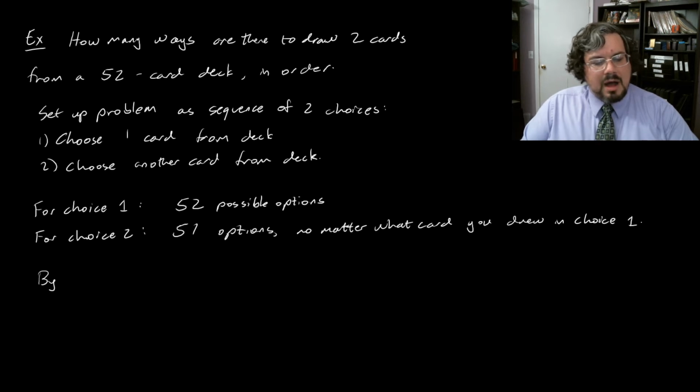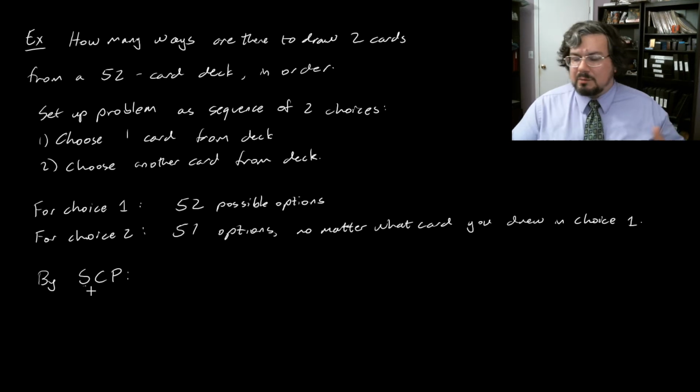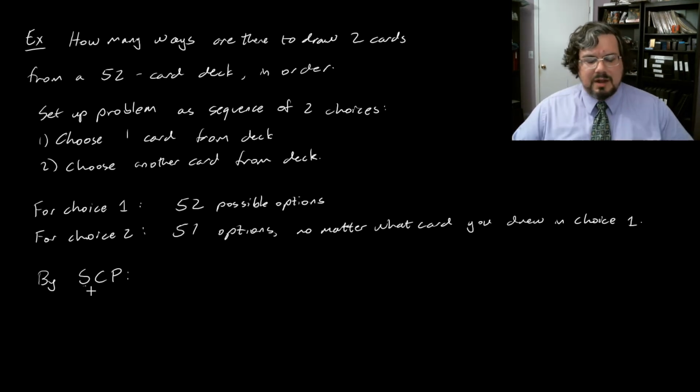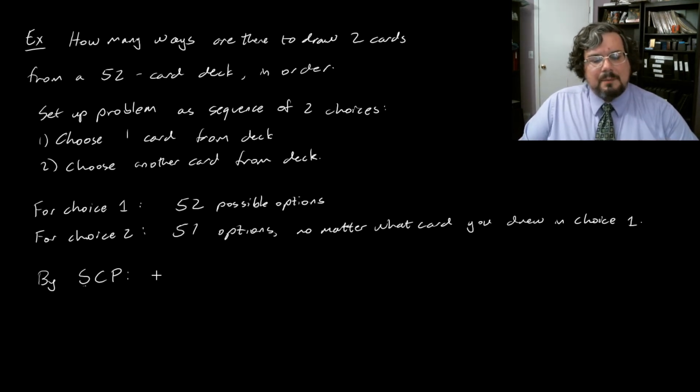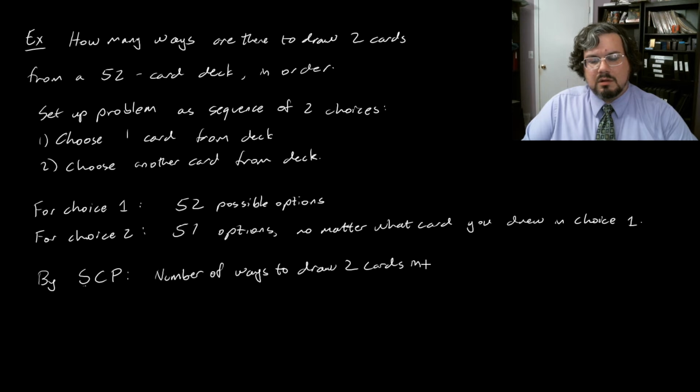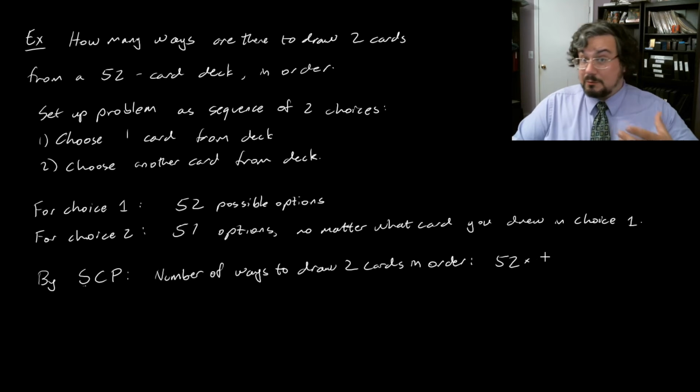So, by the sequential counting principle, which I will from now on abbreviate as SCP to avoid writing it out every time, the number of ways to draw 2 cards in order is 52, the number of choices for the first card, times 51, the number of choices for the second card.